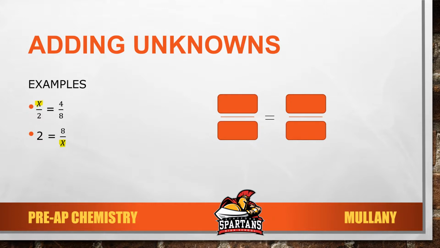Our unknown in this case is on top, and our unknown in this case is on the bottom. So really what I'd like to point out to you is that our unknowns can be in any of these 4 boxes, and we just need to know how to handle it in each case.